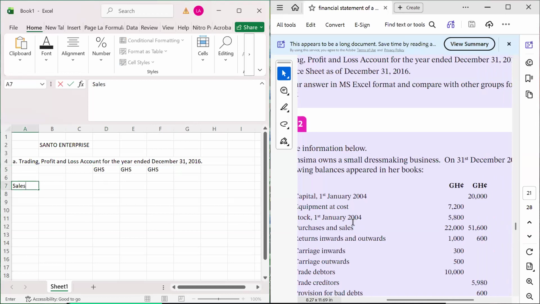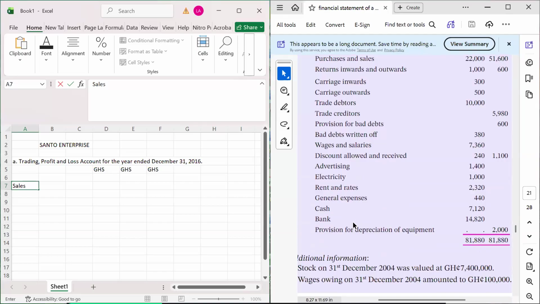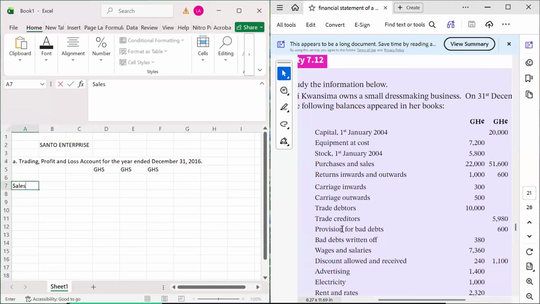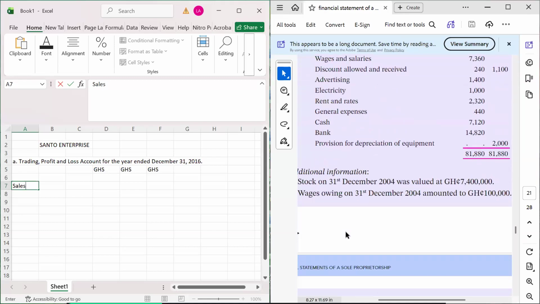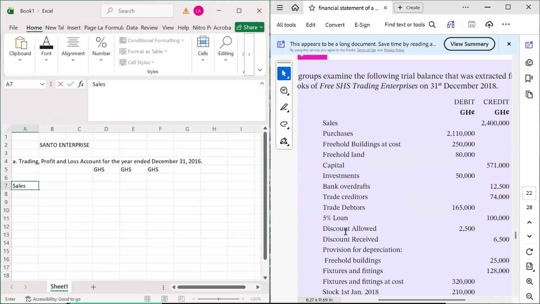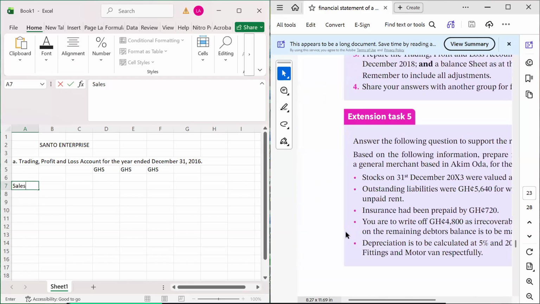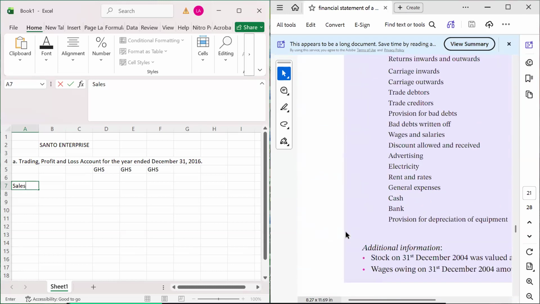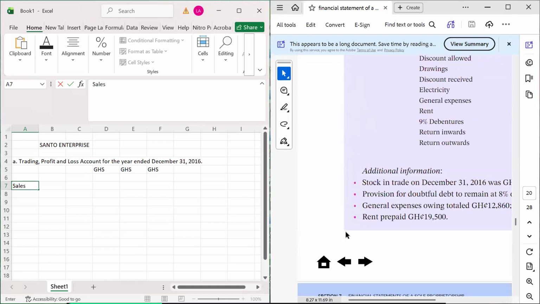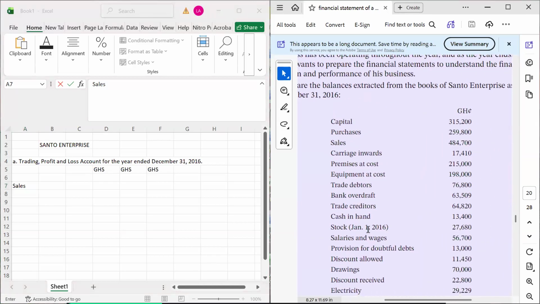And what is the sales figure? We have done this in class before. I'm just trying to help. This is what we are doing.